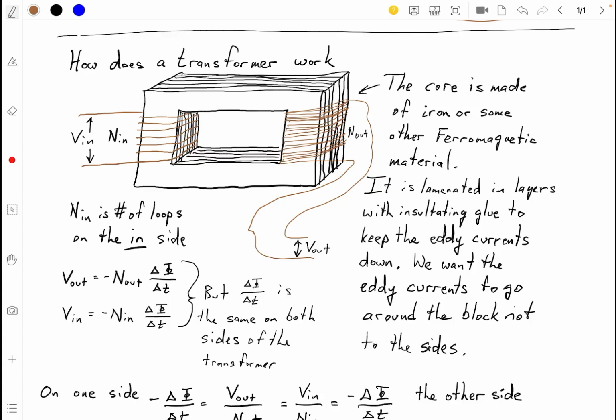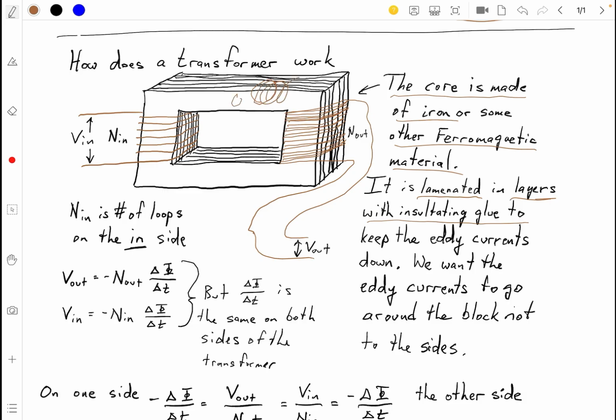So a transformer works with some core on the inside, and the core is made of iron or some other ferromagnetic material, and it's laminated. Why is it laminated? We just talked about why. It has to have layers, and it has glue that is insulating in between each of the layers so that the eddy currents don't get created and go sideways.